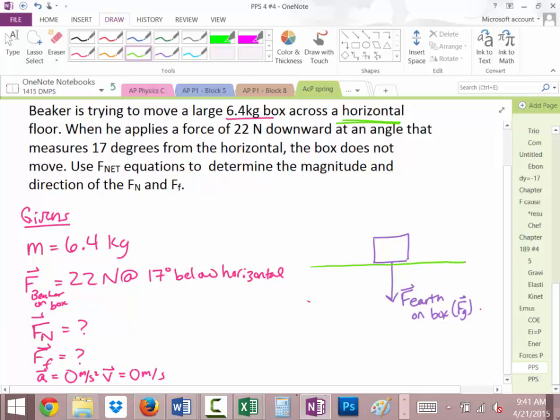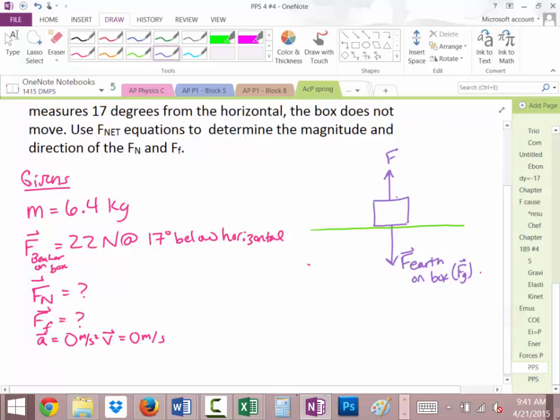And I know that that surface is going to push up because it's what to the surface? Good, it's perpendicular. That's really important. So this is the force of the floor on the box. That's also known as a what kind of force? A normal force. I'm going to write that as F sub n.